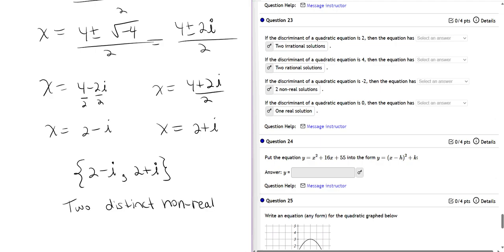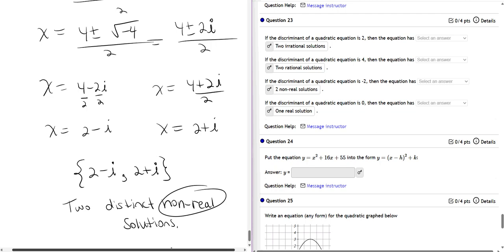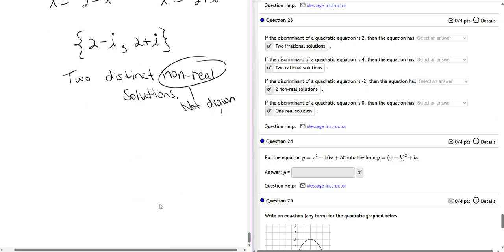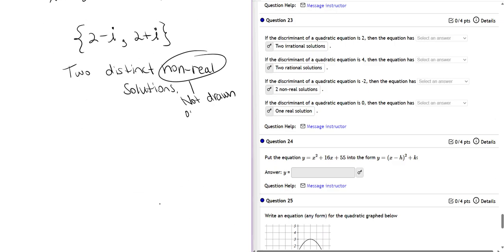solutions. So the discriminant is a shortcut to realizing that since you have non-real solutions, they're not going to be drawn on real number lines.